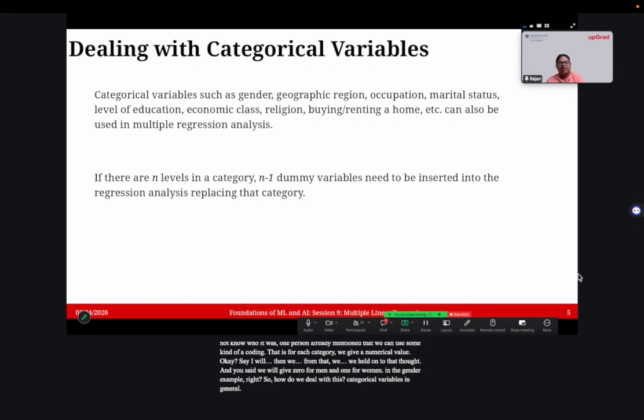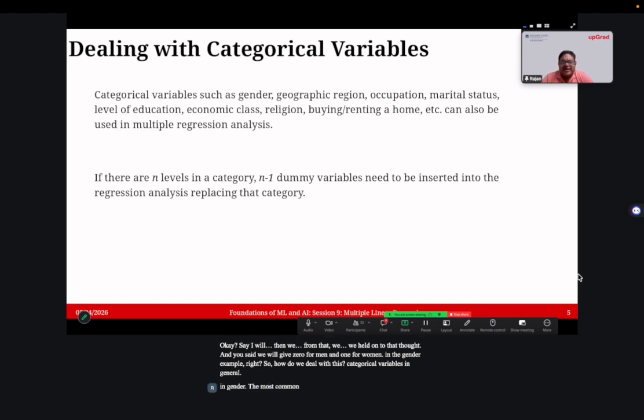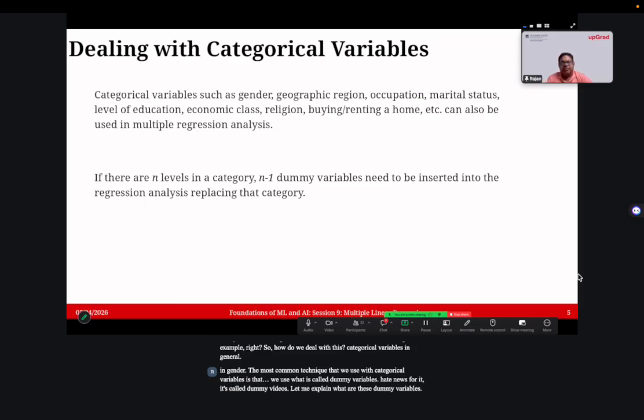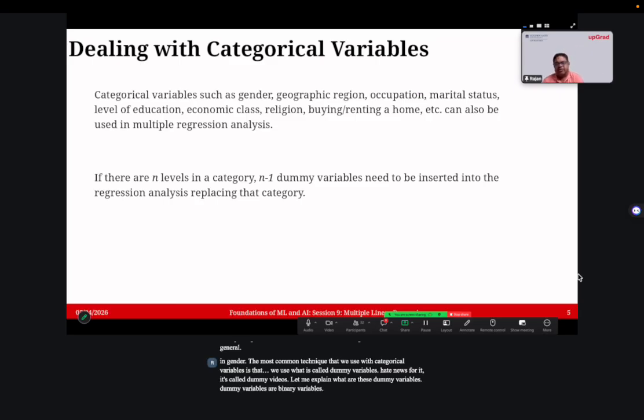In general, the most common technique that we use with categorical variables is what is called dummy variables. Let me explain what these dummy variables are. Dummy variables are binary variables, like gender in our previous example, 0, 1, or whether you pass the test or not, 0, 1.